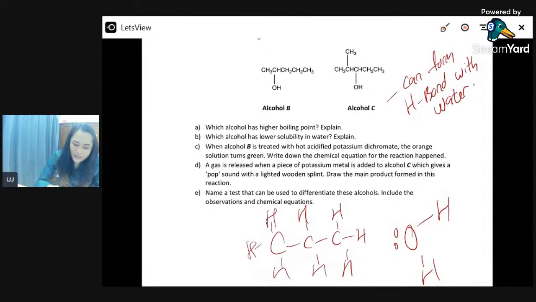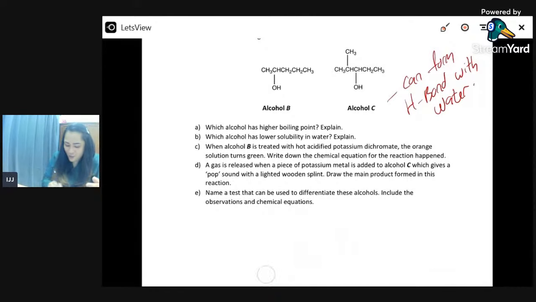But if you look at your question now, question is alcohol. So can alcohol is soluble? Can alcohol form hydrogen bond with water? Is alcohol soluble in water? So kamu cek, bolehkah alcohol form hydrogen bond with water? Yes, boleh. Kenapa?